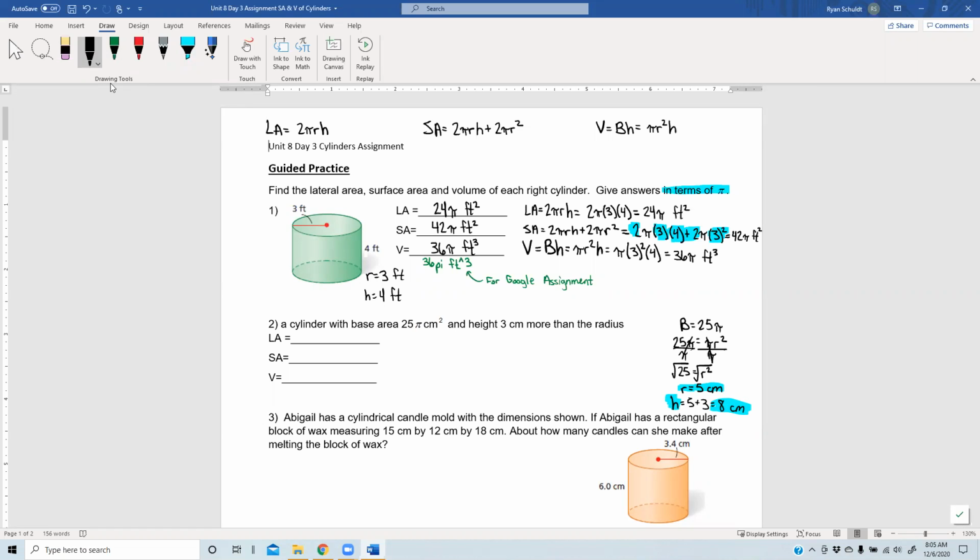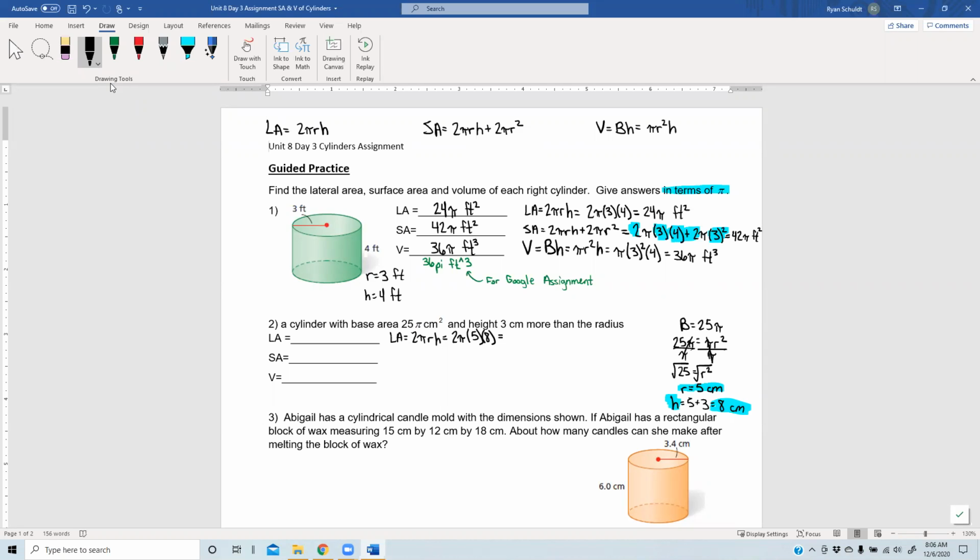Which means we have everything. Let's go. Lateral area, 2 pi r times h. So 2 pi, r is 5, h is 8. We don't put pi in the calculator.